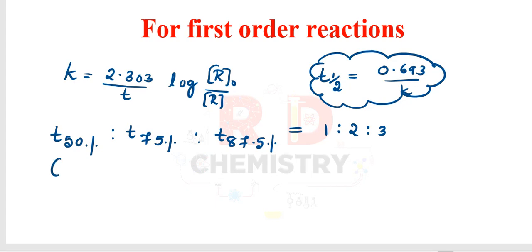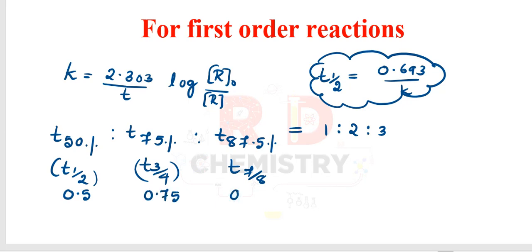Now this can also be written as: T 50% means half of the reaction, T 75% could be written as 3/4, and T 87.5% can also be written as 7/8. Or in terms of 1/2, which is nothing but 0.5, I can also write 0.5, 0.75 and 0.875. Just you have to remember this, right?